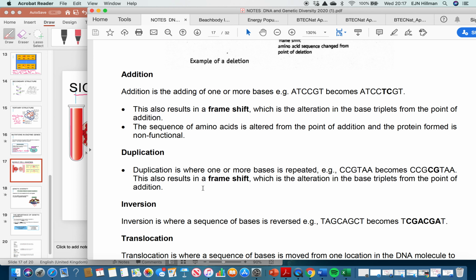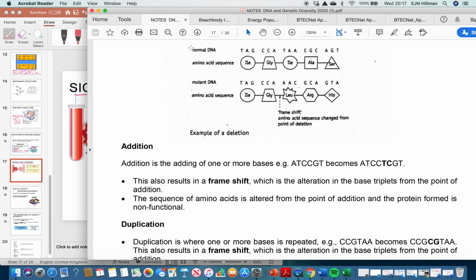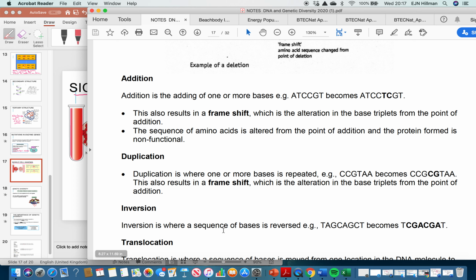An addition, you've probably worked out what an addition is, where one or more bases is added in. So here we can see ATT, CC, GT. ATCC is the same, but then we've got this addition of one or more bases, so a thymine and a cytosine are added in here.